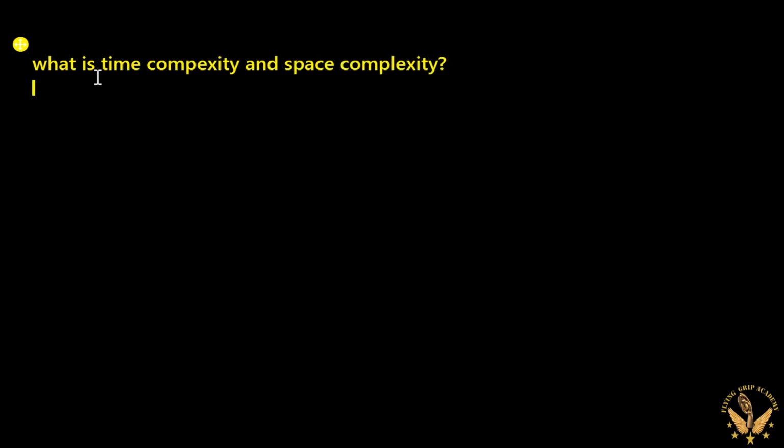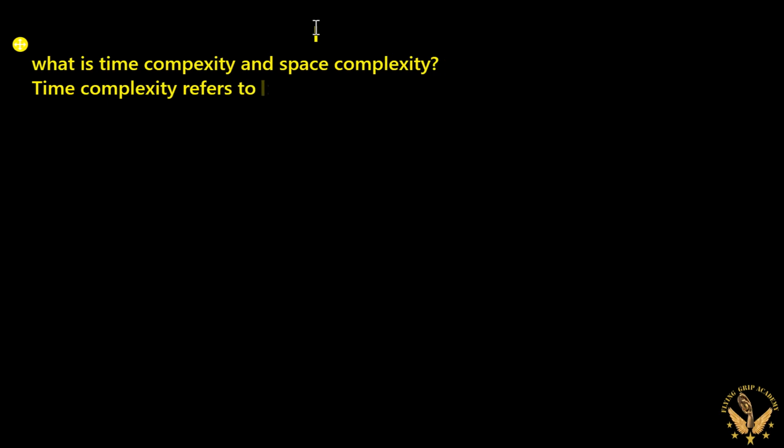What is time complexity and space complexity? Time complexity usually refers to the amount of time an algorithm takes to run as a function of the input size. It helps to understand how the algorithm's performance scales with larger inputs.